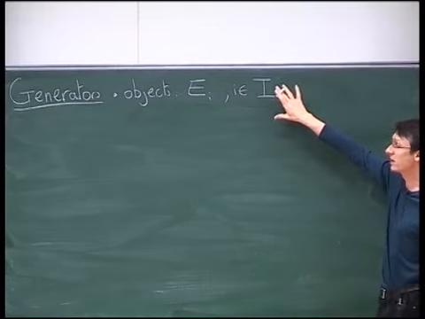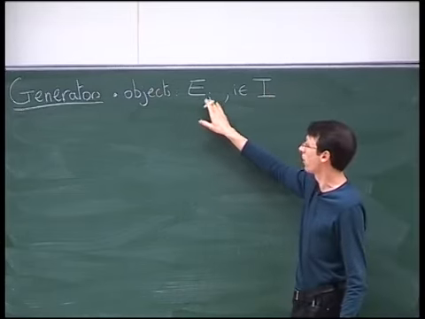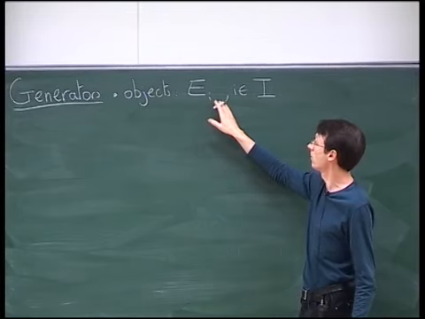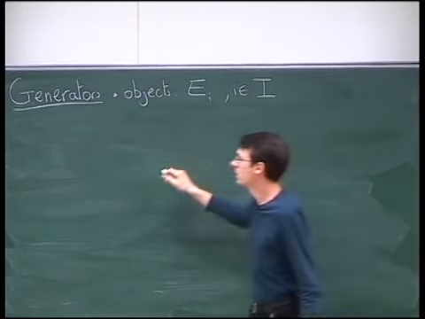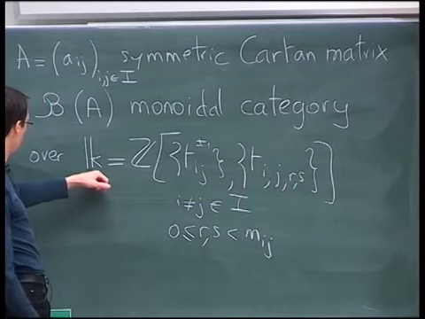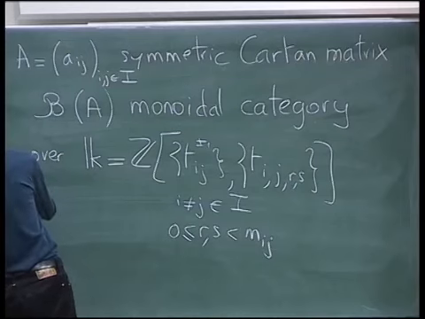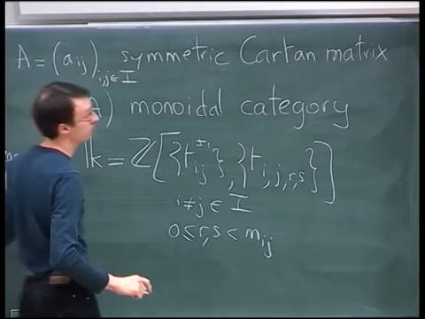So what that means is that the objects of that category are exactly a tensor product of E_i's, or products of E_i's. So maybe I should have made it clear that when I talk of a monoidal category over K, I really mean that it's a linear category.